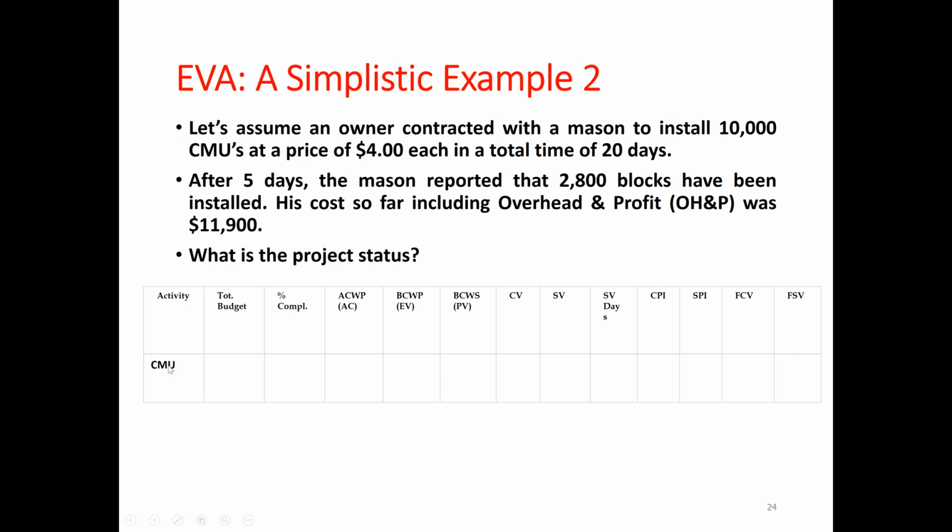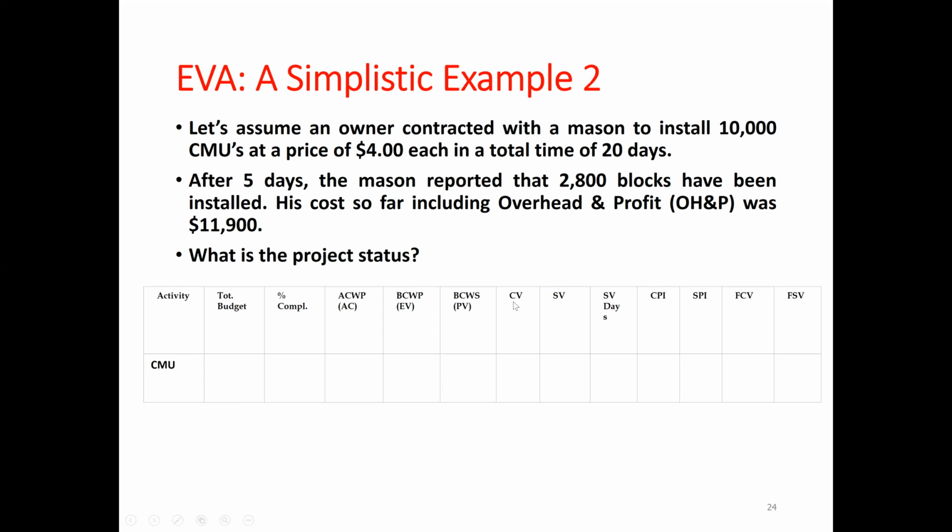What is the activity, concrete masonry units? What is the total budget? How much percentage of the project is complete, and how much is the actual cost? The actual cost of work performed, the budgeted cost of work performed (the EV value), and the budgeted cost of work scheduled (the PV value).